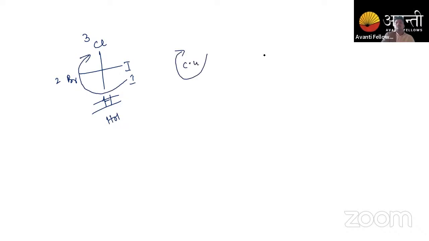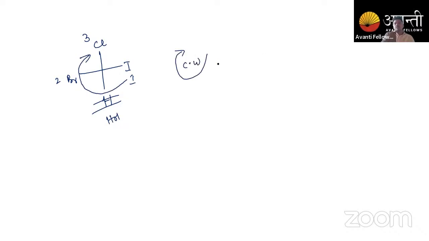Let me tell you once again. If you have a compound with iodine, bromine, chlorine, and what here? Hydrogen. So number 1 will be here, 2 will be here, 3 will be here. Just hold this one, then try to see the rotation. 1, 2, 3. This looks like a clockwise rotation.